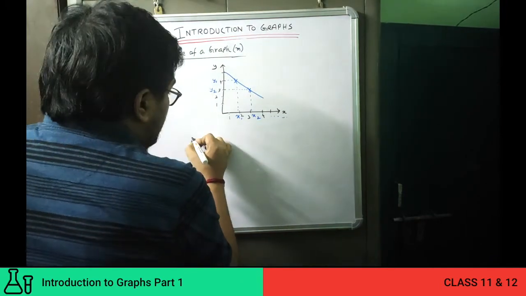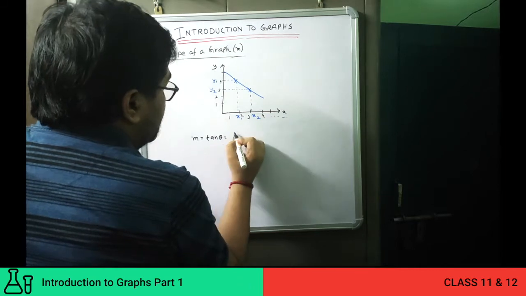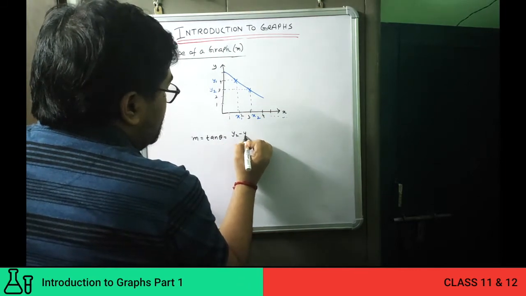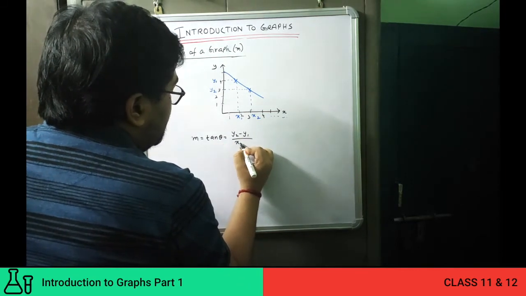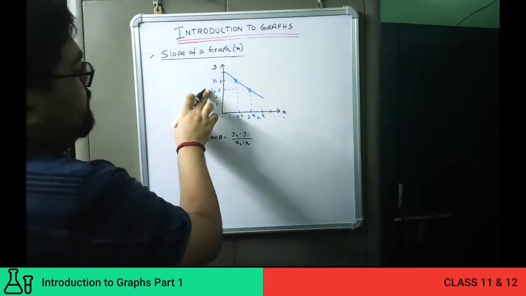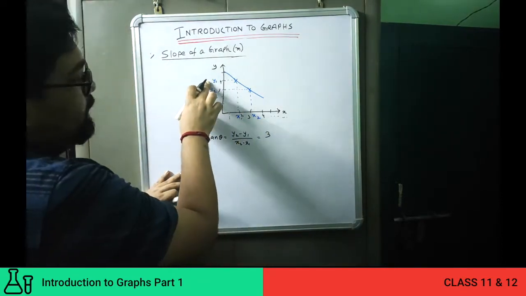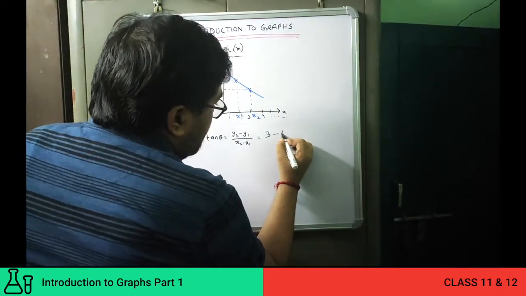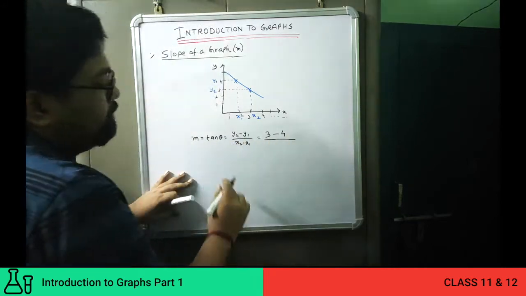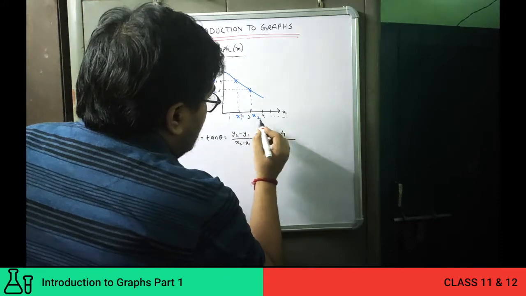So, according to the formula, m equals tan theta equals, again same value, (y2 minus y1) divided by (x2 minus x1). Now you see y2 value is 3 and y1 value is 4. So y1 becomes greater than y2 and x2 value remains same.